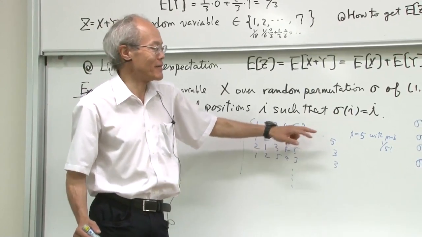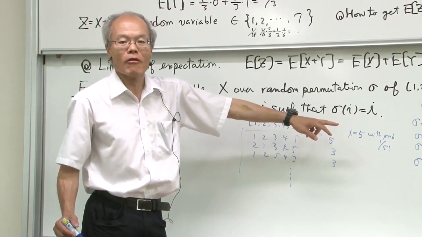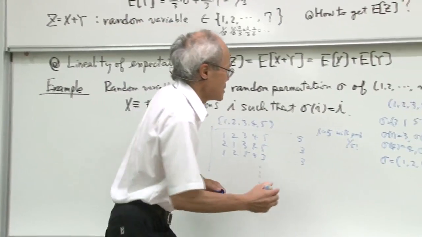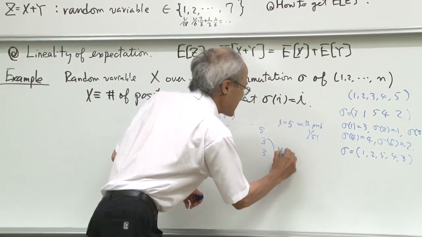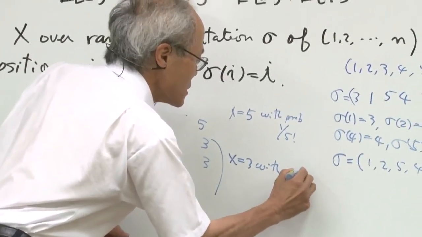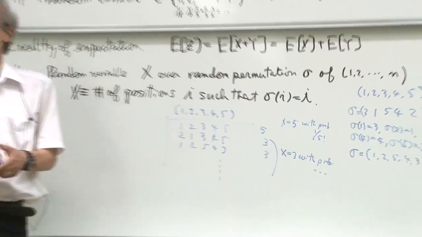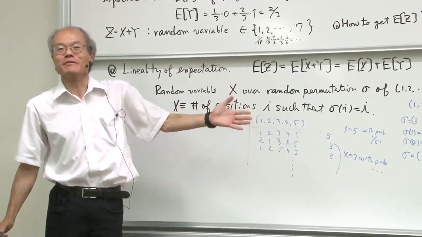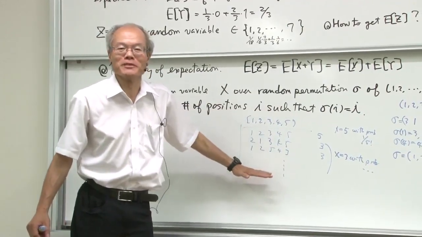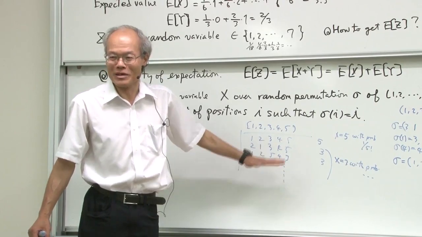That's why the random variable x takes value 5 with probability 1 over 5 factorial. X takes value 3 with some probability. Obviously, you can calculate all the probabilities by listing all the permutations, but you need a lot of work.